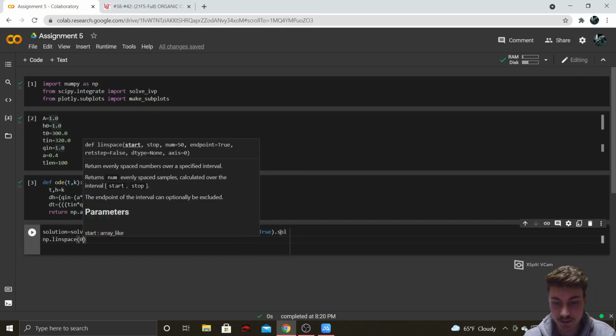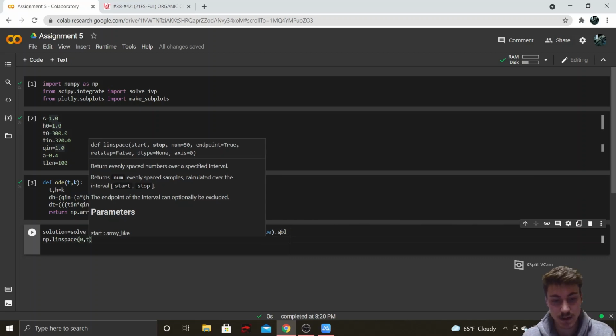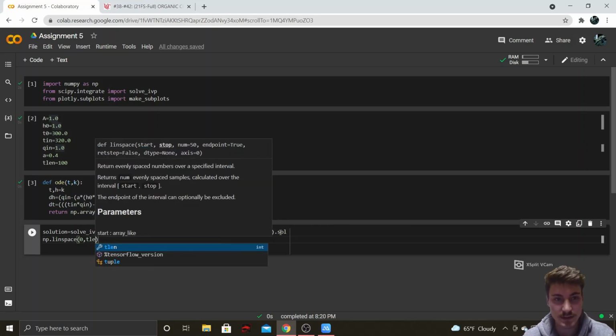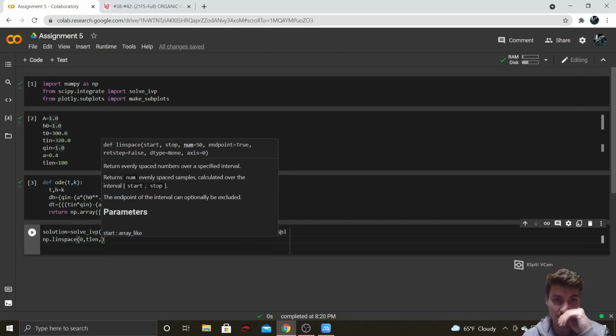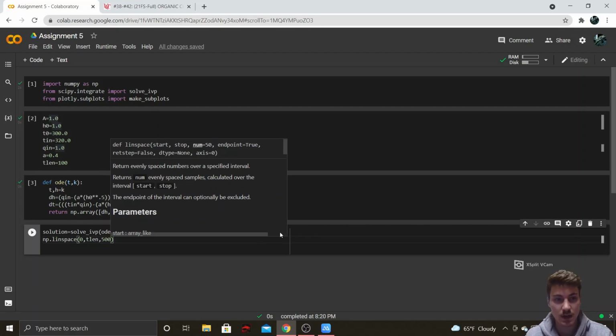So the start, we want it to start at 0, we want it to stop at t1, and then we can just pass in a number of points. So we can say we want 500 points if we want that.